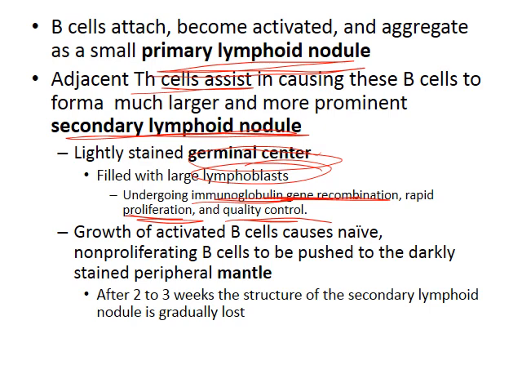And then once they're activated, they're going to cause the non-proliferating cells to be pushed to a darker area in the mantle. So the germinal area is where everything's occurring, the mantle is where things aren't occurring, and then after 2 to 3 weeks, it all goes away.